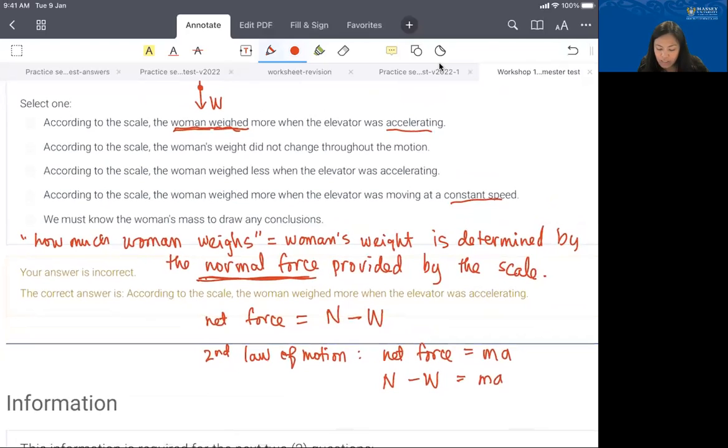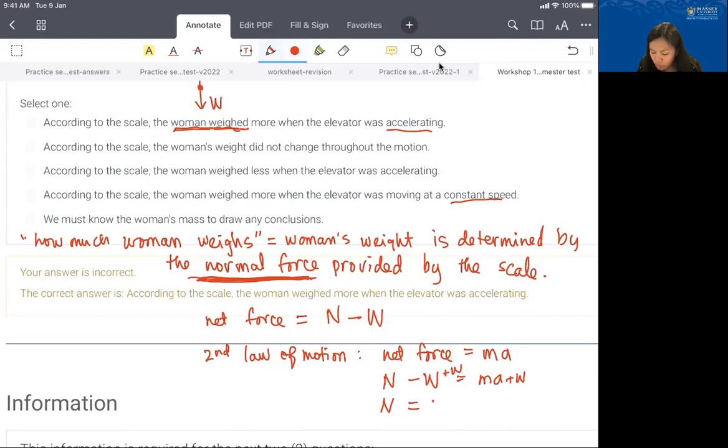According to the scale, the woman weighed more when the elevator was accelerating. As I've said, to get the weight of the woman, we have to look at the normal force. If we rearrange the equation, we get rid of W by adding the weight to both sides.